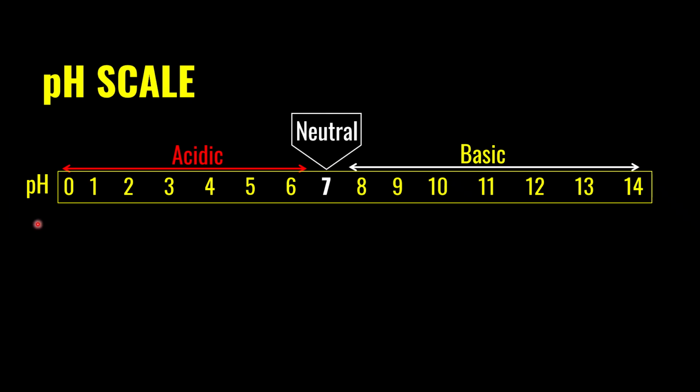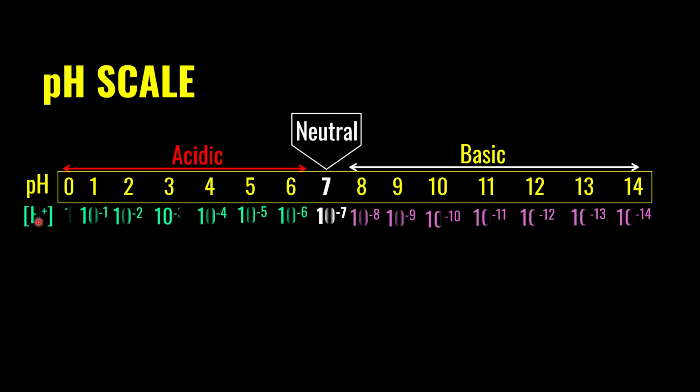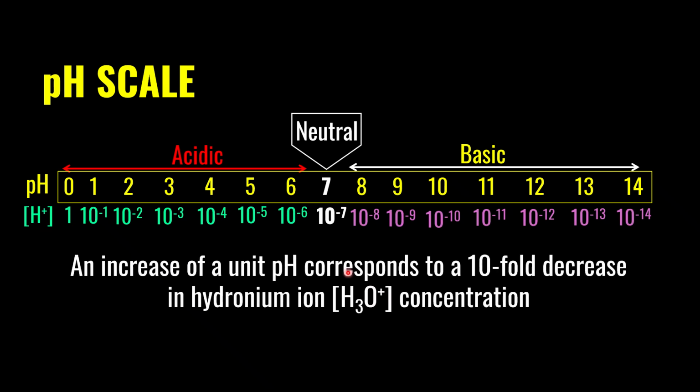The corresponding hydrogen ion concentration of each pH unit is given here, and from this you can easily conclude that an increase of one unit of pH corresponds to a tenfold decrease in the hydronium ion concentration in any solution. So this is the pH scale.